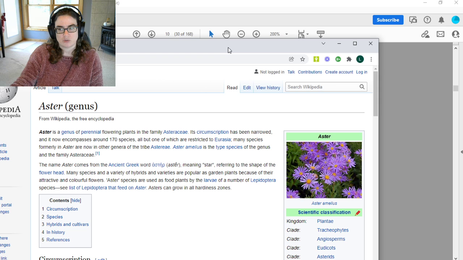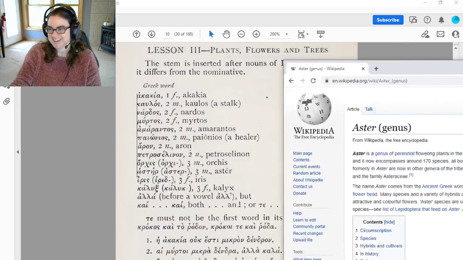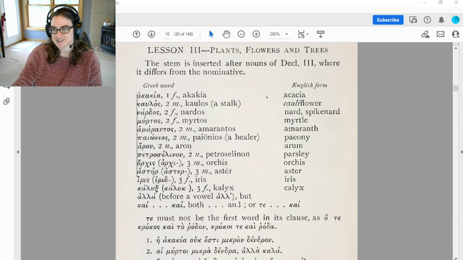So I don't think myrtos and mors are at all related. So yes, I think they are false friends, as my Spanish teacher always called them.